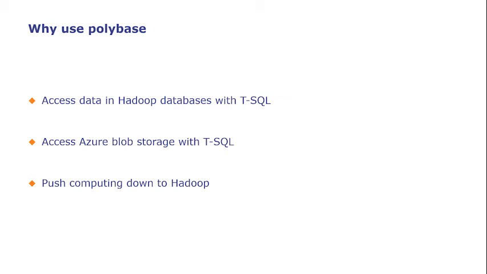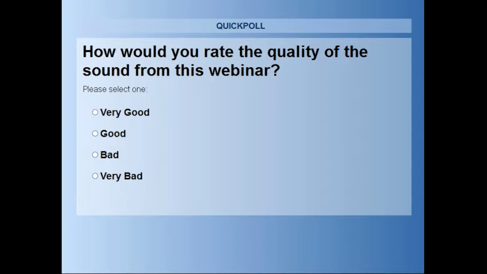So it's really seamless and it's very easy to do. You don't have a higher learning curve, you don't have to learn to write things in Hadoop. No, you can just use your SQL Server database which is native to you. You can also access Azure Blob Storage with your T-SQL. This will make it a lot easier to just access your blob storage with T-SQL, which is your native language for your database.